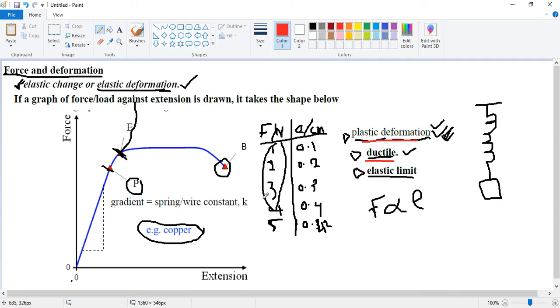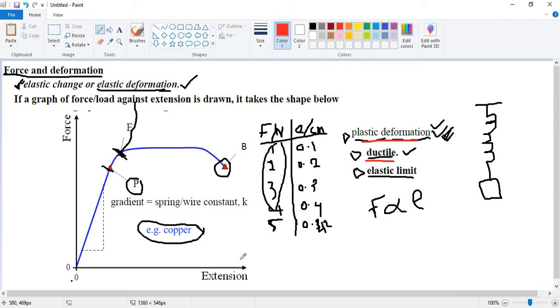That's why you see copper can be rolled into several shapes. We have gold. Gold is another good example of a metal which can be rolled into several shapes. It can be stretched, it can be hammered, it can be squashed. That's why you can buy very beautiful jewelry made out of gold, because gold is ductile.